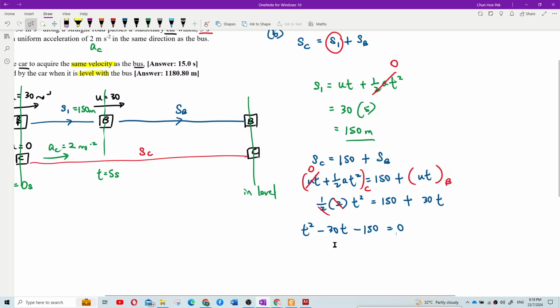Use your calculator. Let us use the calculator, equation mode. So what time do you get, class? Can you help to use your calculator and find me the time here?